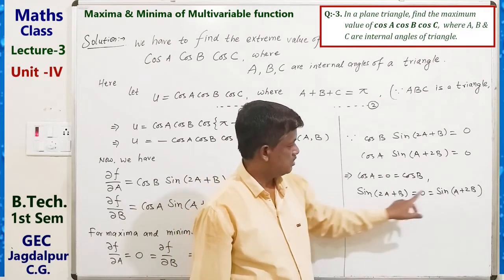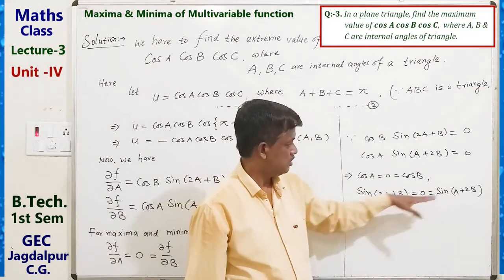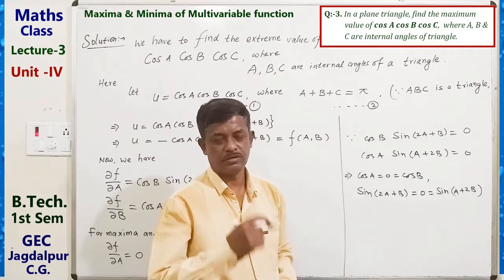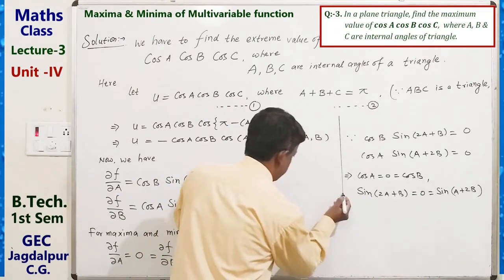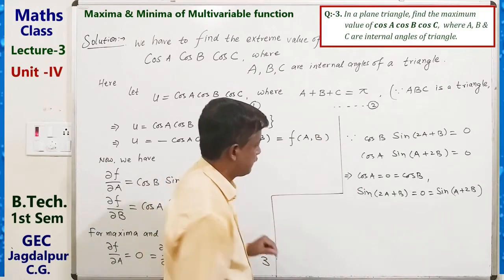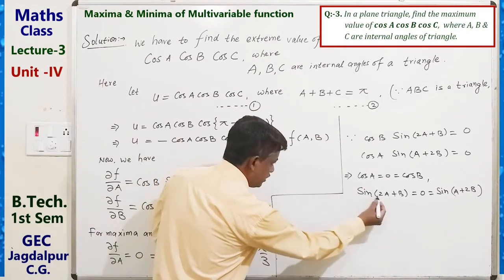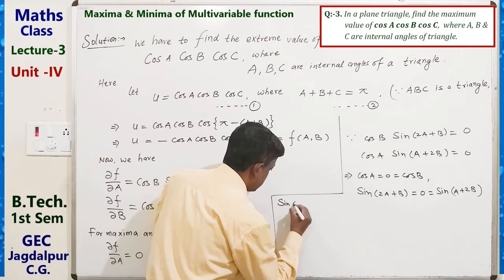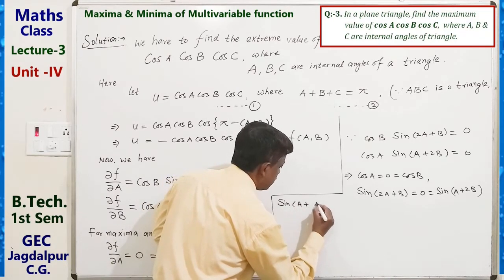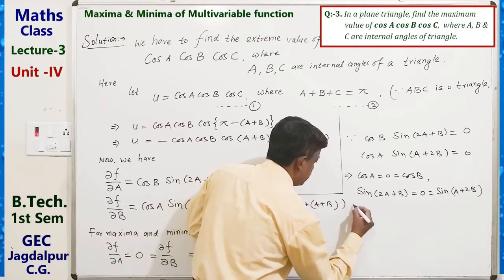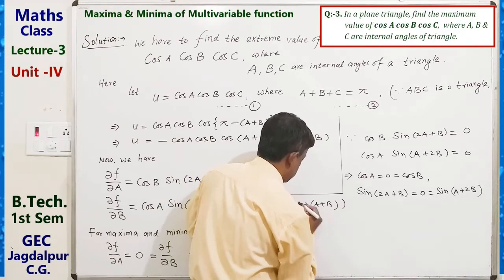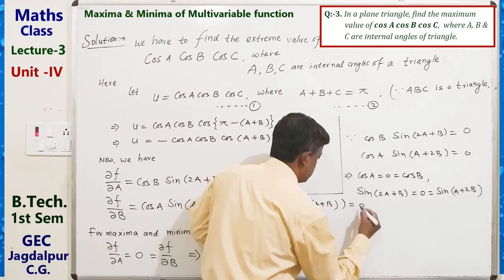Now, this equals 0 and this equals 0, you can solve it. How? Here, sin(a + b + a) equals 0. Sin(2a + b) equals 0.